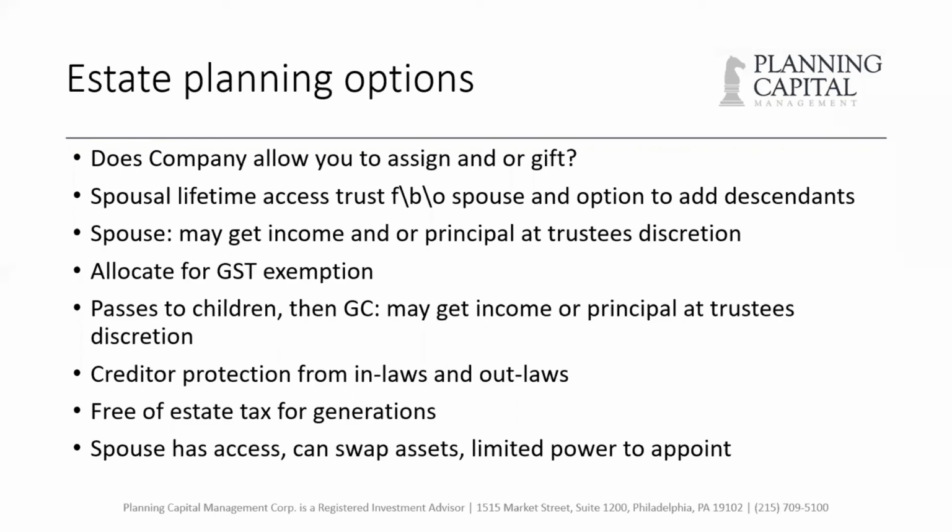And the asset would have then skipped estate tax inclusion in your estate and in your children's estate, and now you're down to the grandchildren. So from an estate and gift tax point of view, this is a home run. The asset just keeps growing and growing, and it's free of the 40% estate tax in your estate and your children's estate.